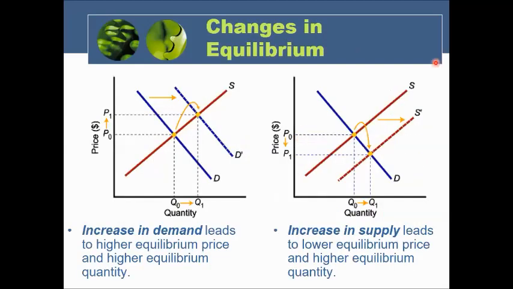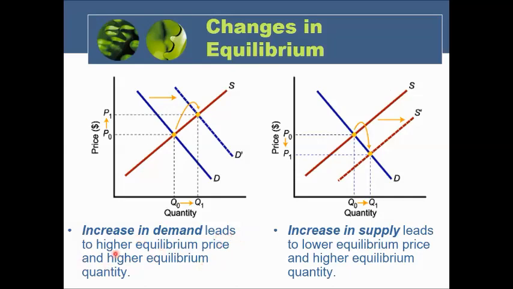Okay. So there are changes in the equilibrium also, same with the demand and supply. Here, if there's an increase in demand, it leads to a higher equilibrium price, di ba?